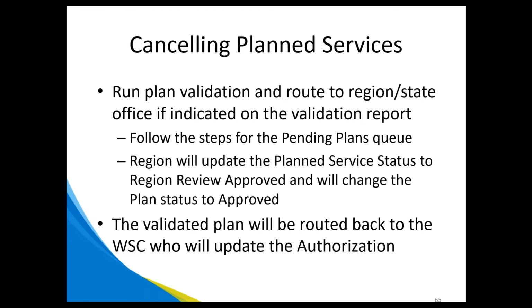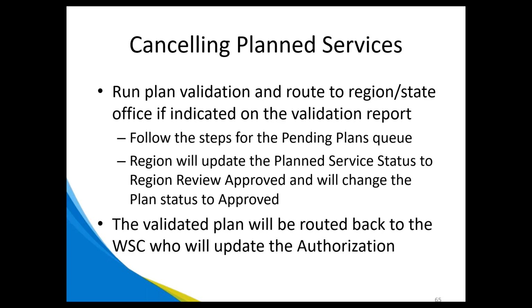Now you're going to go through the process of running validation again. And if it needs to go to region or state office review based upon your validation report, you follow the steps that we went through before. If it's a region review, you change the worker on the plan to your regional contact, and you add the region in for the queue at the bottom of the plan's detail.